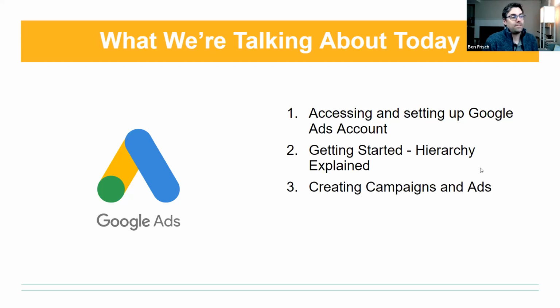And then we're going to dive into the platform itself, create campaigns and create ad groups and ads. And that's where the fun begins. That's where we're going to get pretty technical. And hopefully I don't lose you at that point. But like I said, book that consult if you have follow-up questions or need additional support.